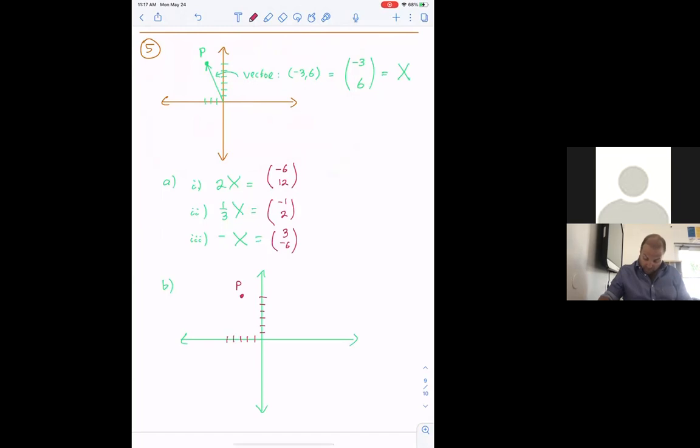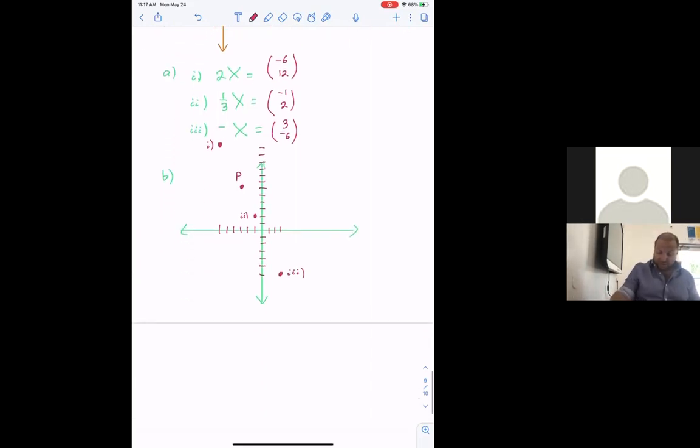It's -6, 12. It's over here. This is what we got from I. This one here is what we got from II. And this one here is what we get from III. So show each of these points on a graph.